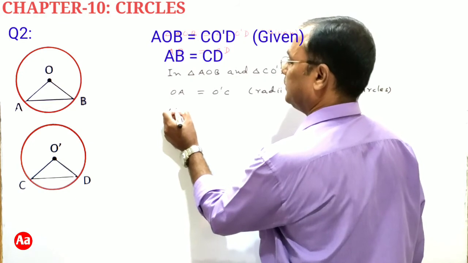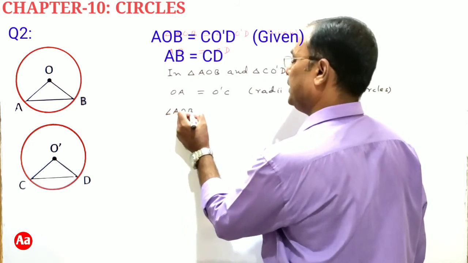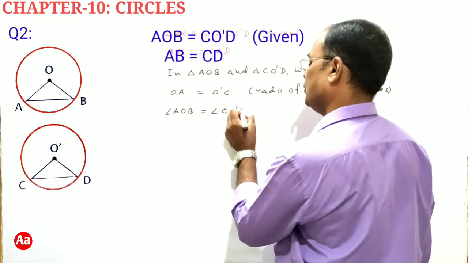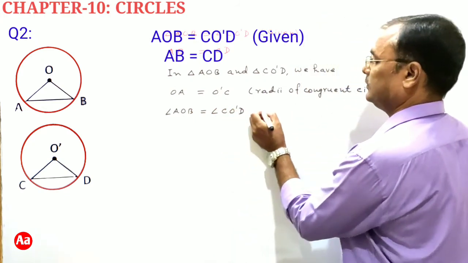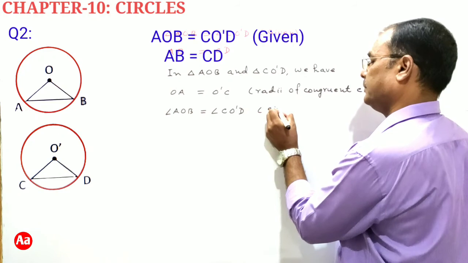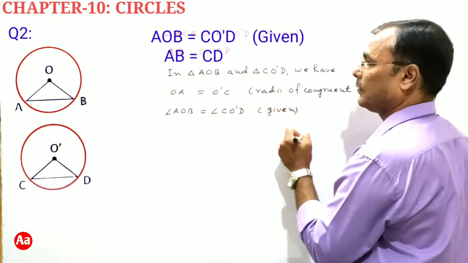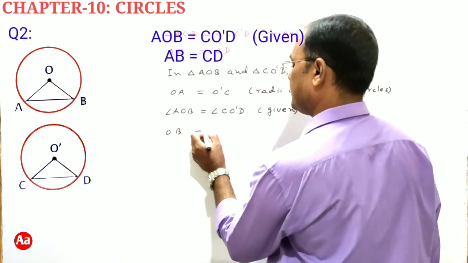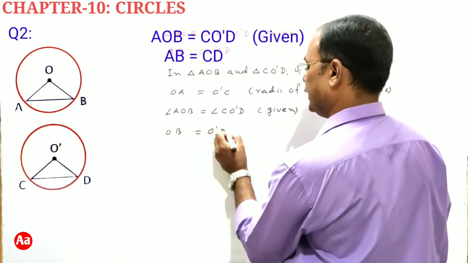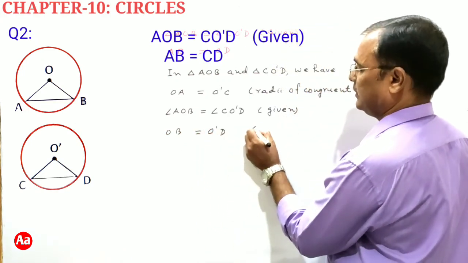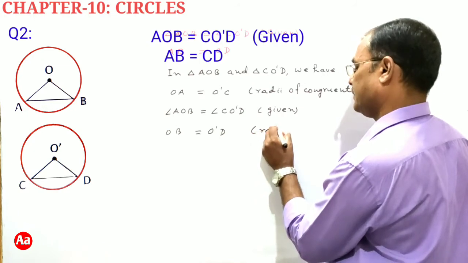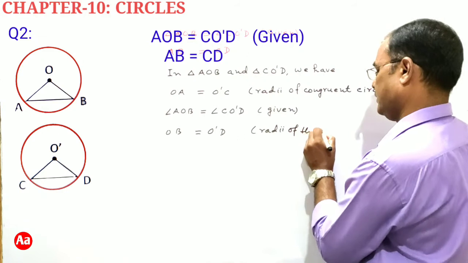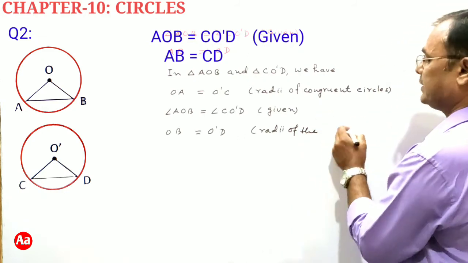Angle AOB is equal to angle CO dash D. It is given. OB is equal to O dash D, radii of the congruent circles.